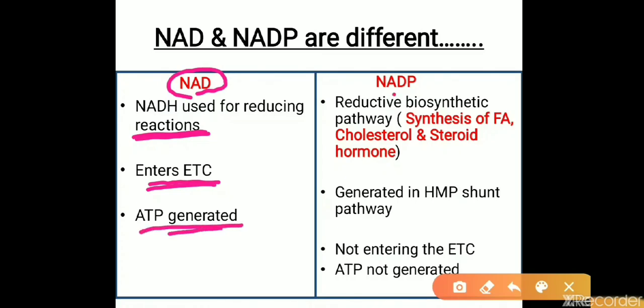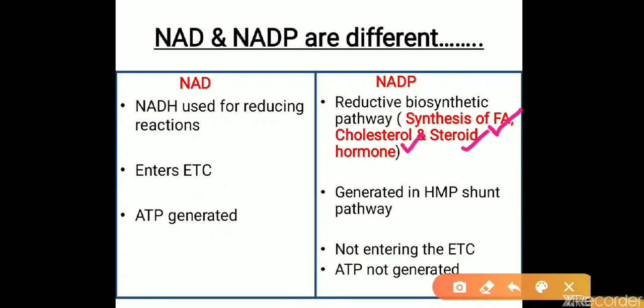But in case of NADP, it is mainly involved in the biosynthetic pathway. So NADP is used for the biosynthesis of fatty acid, cholesterol and steroid hormone. So NADP is mainly concerned with biosynthetic pathway, and NAD is concerned with oxidation reduction reaction.